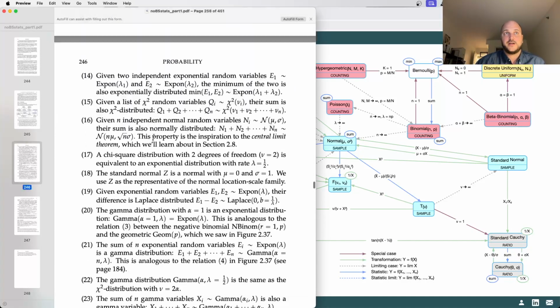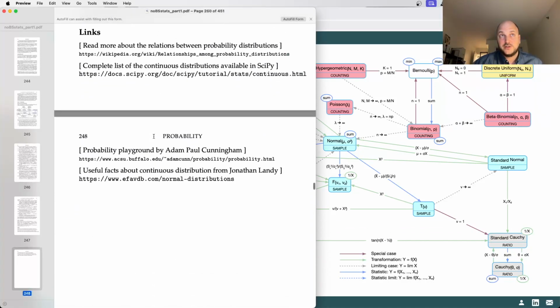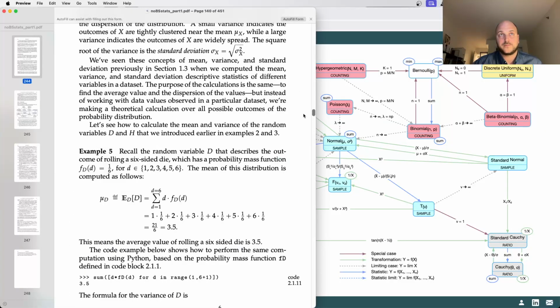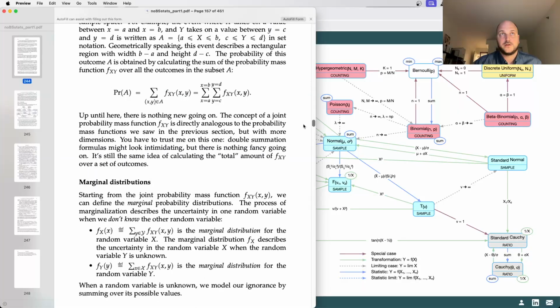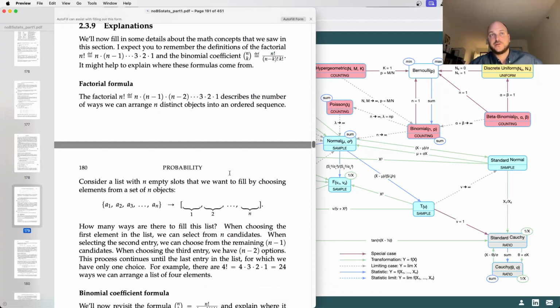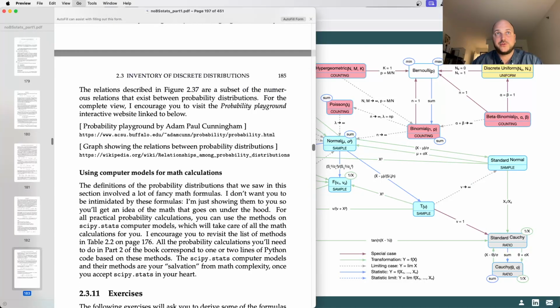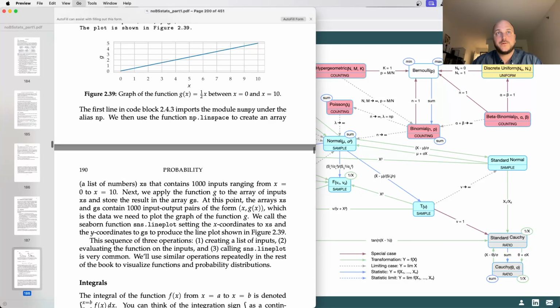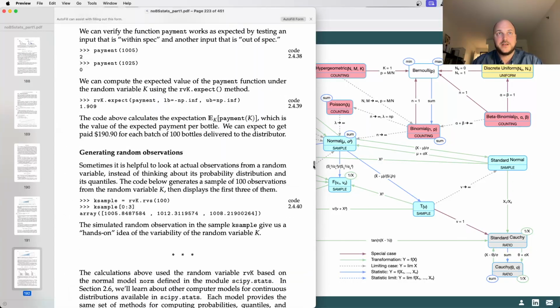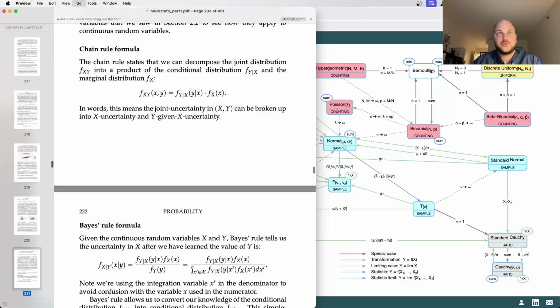Okay, to conclude, you're not responsible for knowing all of these. Let me look at the graph. Wow, I scrolled very far. I expect you to know the graphs.